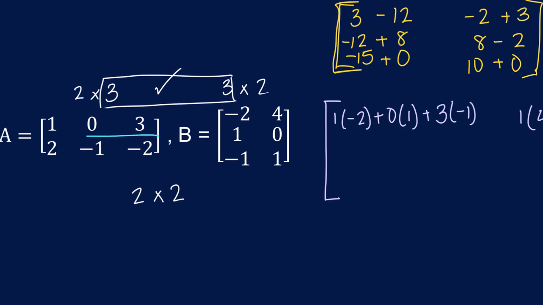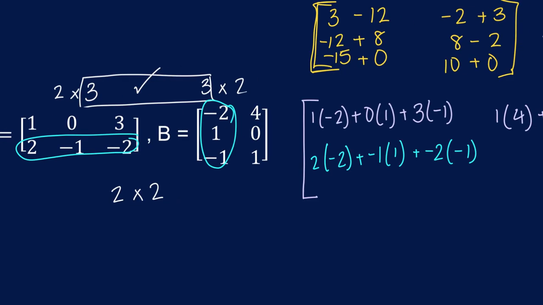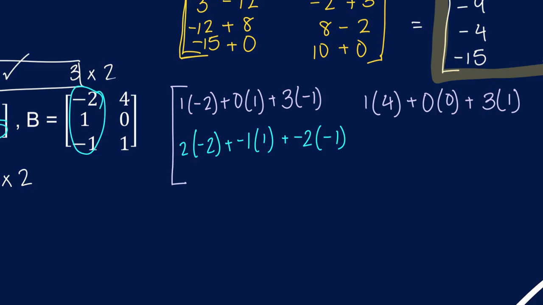Do it in blue. So going ahead and going to this row, starting with that first column, I'm going to have 2 times -2 plus -1 times 1 plus -2 times -1. Going ahead, going to the second column, which is right here.